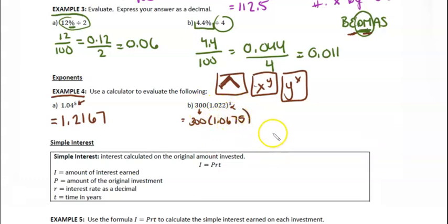We'll do 4 decimals again. Okay, and at this point, you want to multiply by 300. So we get 320 decimal. I'm going to do 2 decimals, and the reason is because we're doing compound interest. So a lot of these questions are going to be quoted in dollars. So by doing it 2 decimals, this is like 2 digits for the cents.